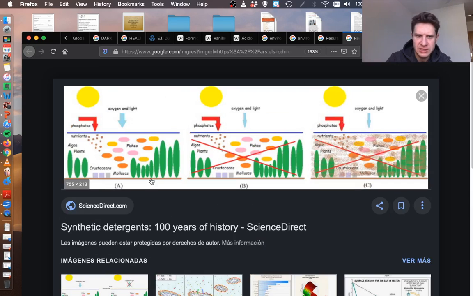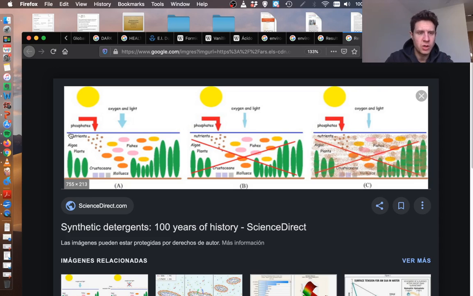So what happens is that this biome is destroyed, okay, because there is no light coming to the water, and the plants cannot do photosynthesis, and they cannot generate oxygen. Yes.